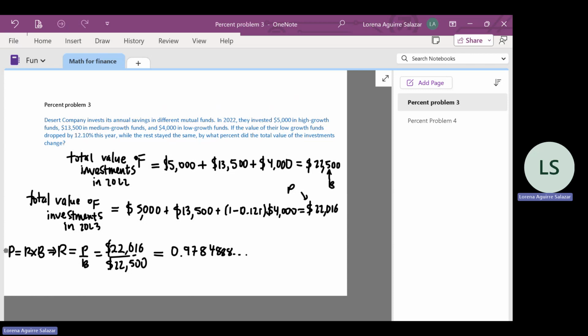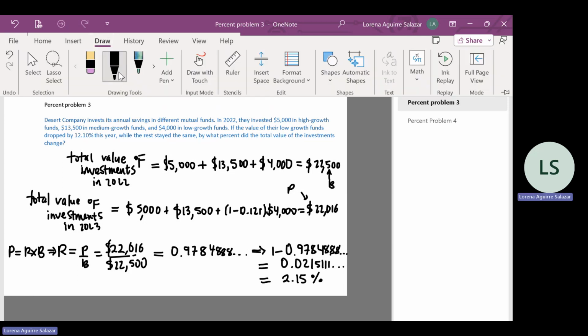So there was a drop of, that was the value of the total investments dropped by 1 minus this number we just got, 0.9784888 and so on. That rate gives us 0.0215, and then 111 and so on. We get 2.15% when we round this number off to 2 decimal places and we're thinking of percentages.